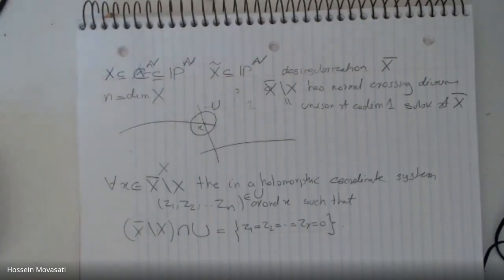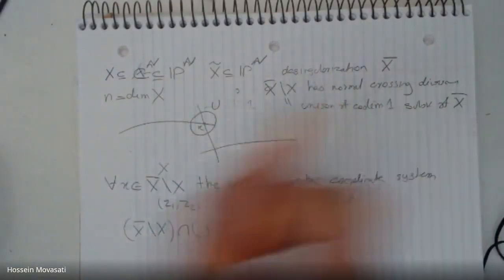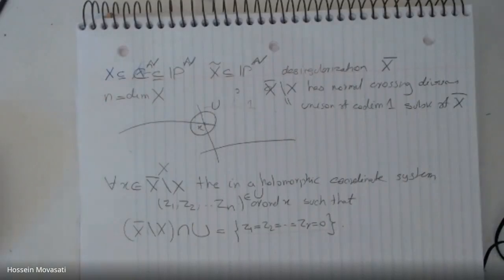And this is a kind of theorem that people use a lot. Well, it's the Hironaka desingularization theorem. What else? The ingredient of the theorem is the GAGA principle.